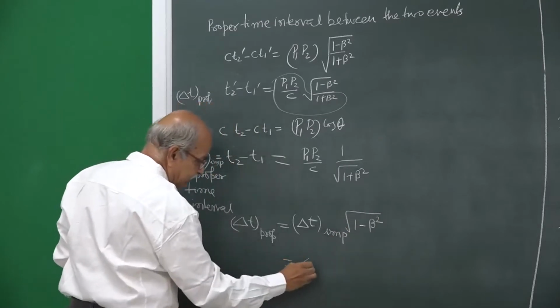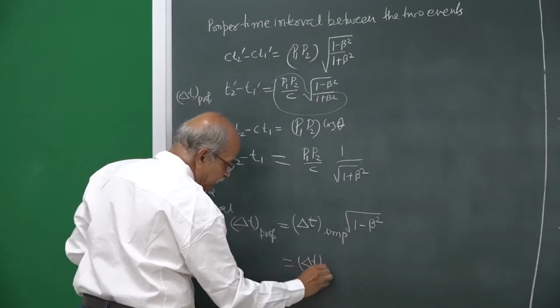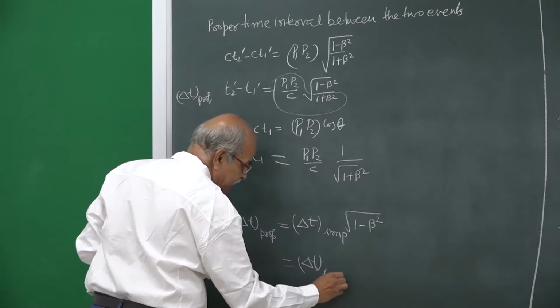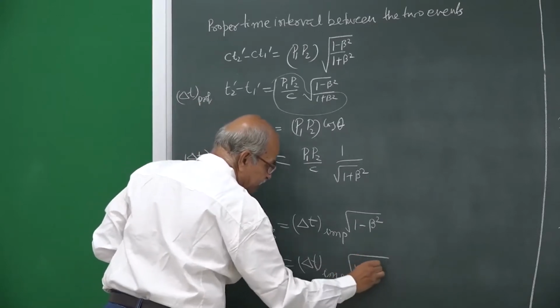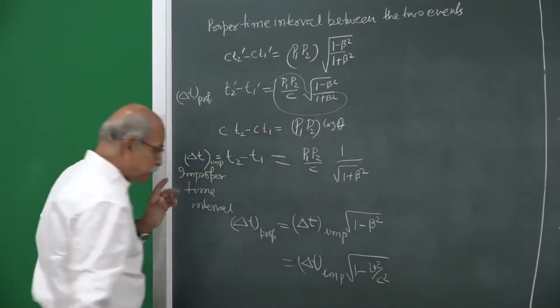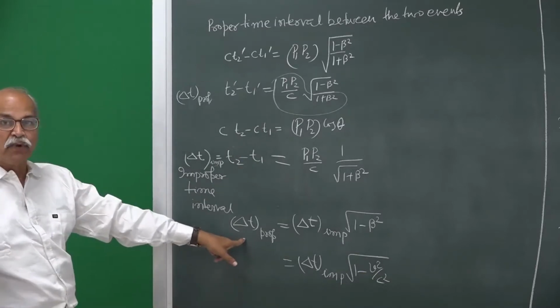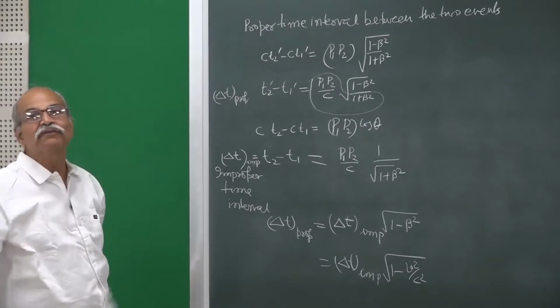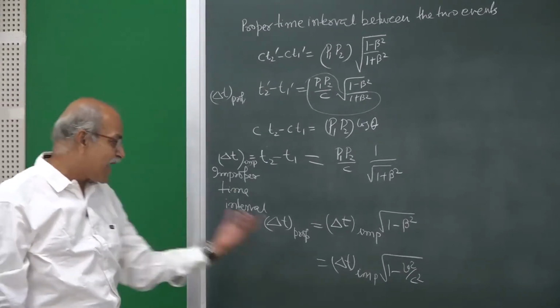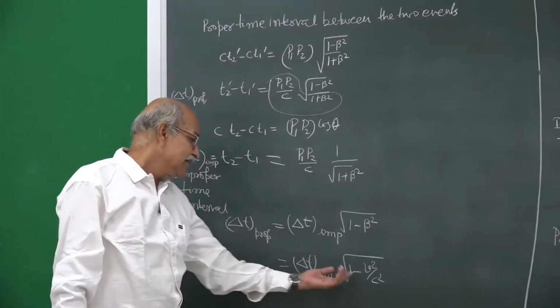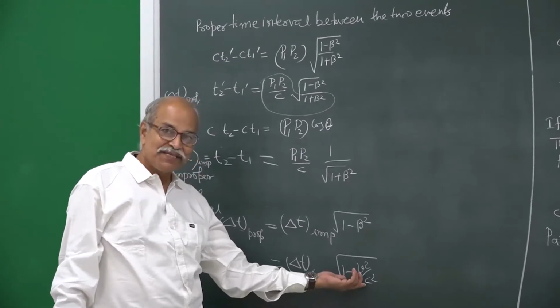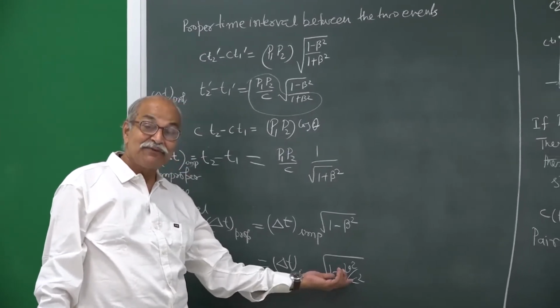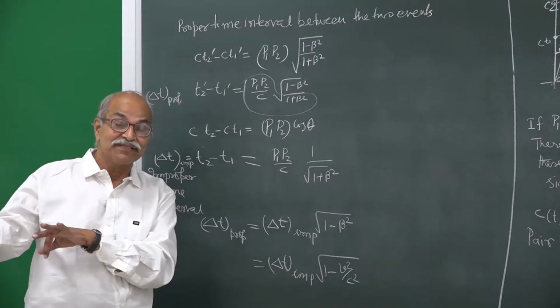That means delta t proper is delta t improper multiplied by square root of 1 minus v square by c square. Proper time interval is the smallest time interval between two events measured across all frames, and the factor by which it is smaller is square root of 1 minus v square by c square. That is the time dilation formula we derived from Lorentz transformation.